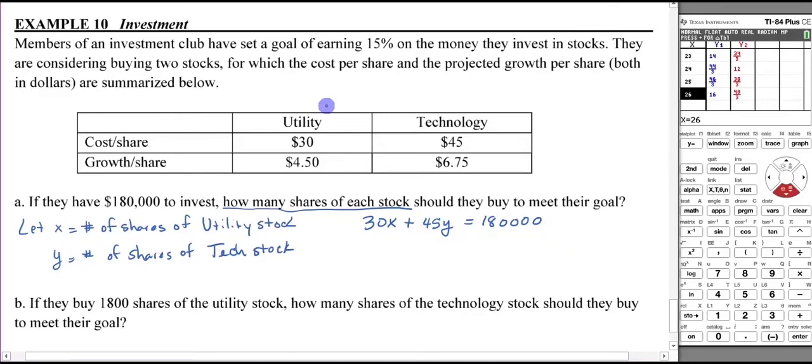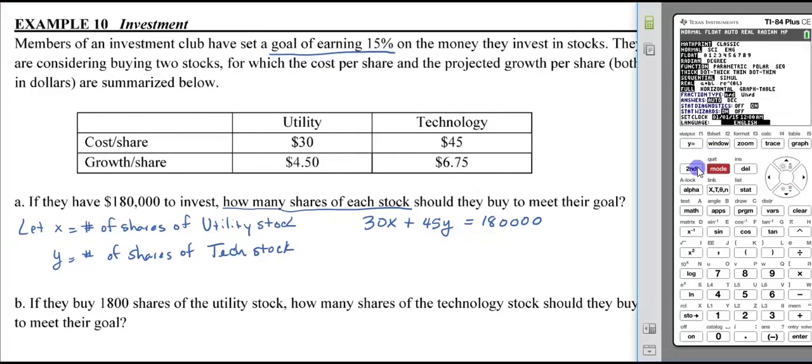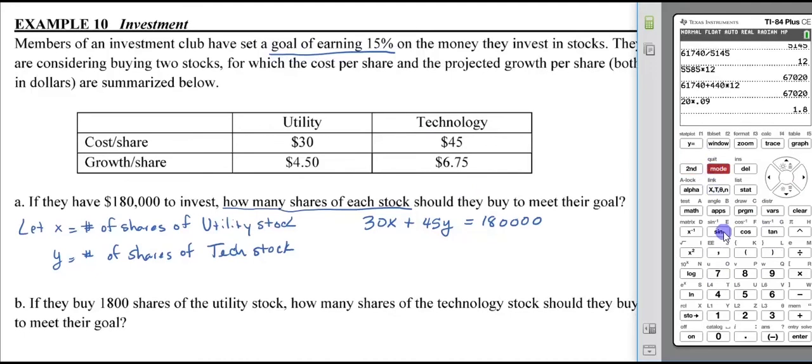Now our goal was earning 15% on the money invested. So let's figure out what that is. We have 180,000 and we want 15% return on that investment. So we're going to multiply by 0.15. That's $27,000.